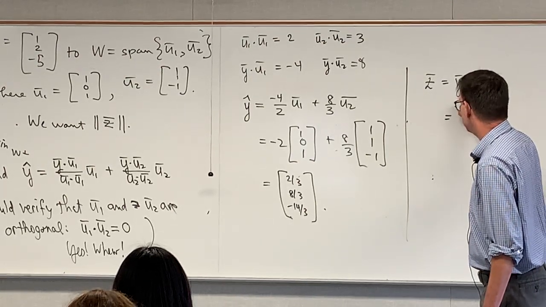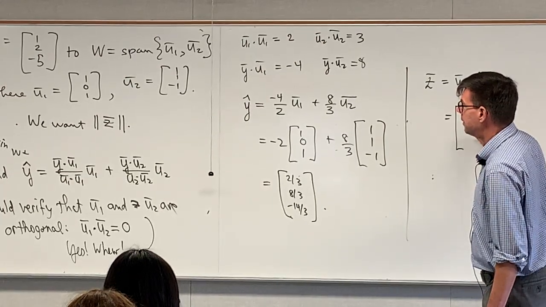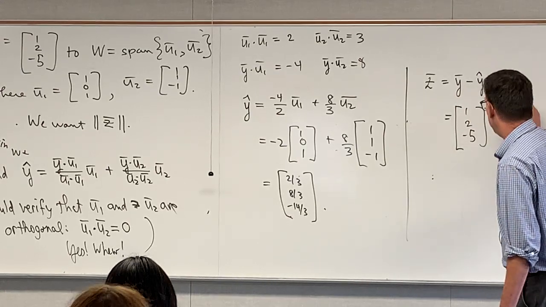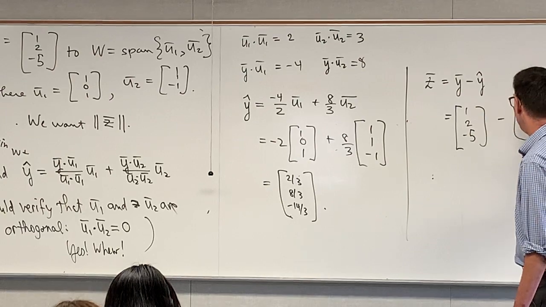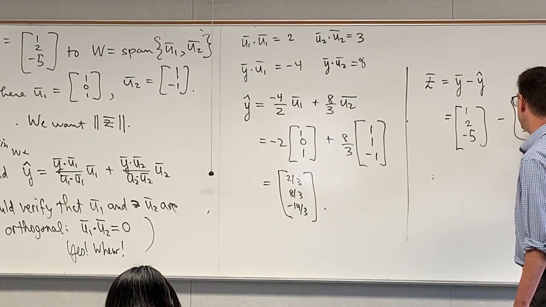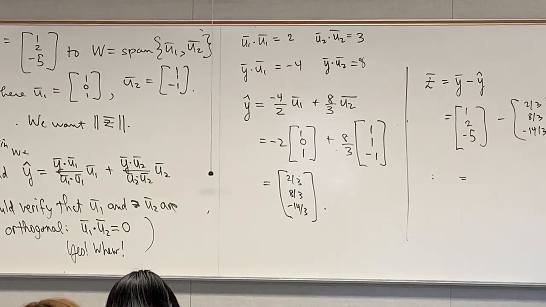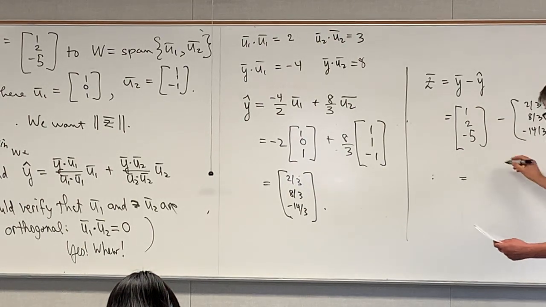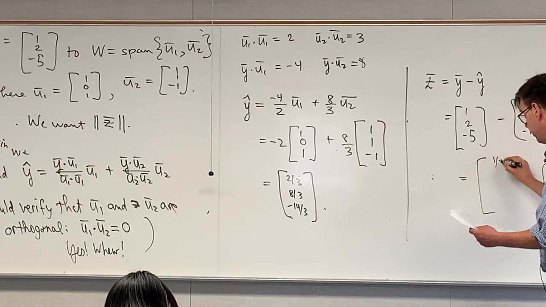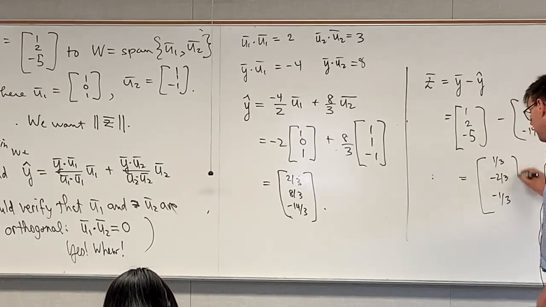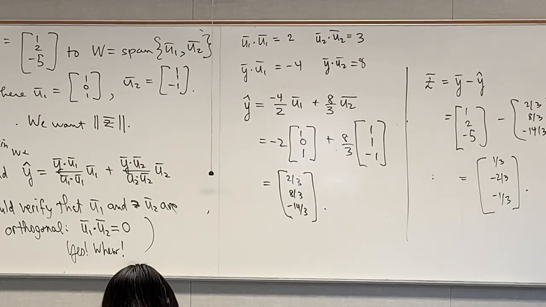Yeah, I think you guys will like this stuff. (1, 2, -5) minus (2/3, 8/3, -14/3), and I'm going to try to do that in my head. I get (1/3, -2/3, -1/3). Okay. So there's z.